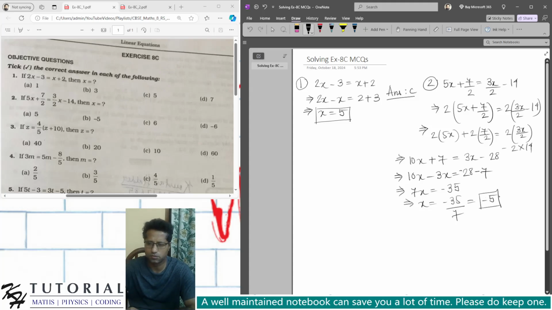So the root or the solution of the given linear equation is minus 5. Hence the correct choice is B. B is the correct choice.